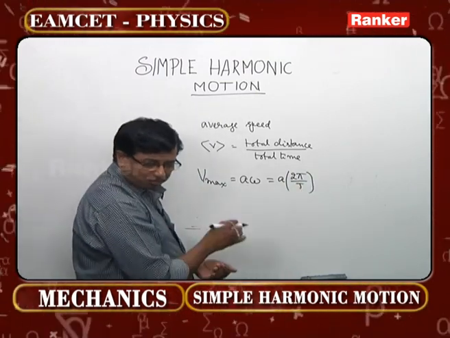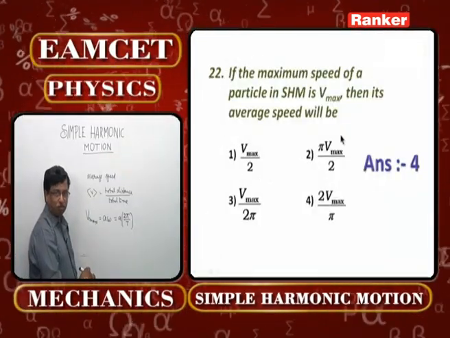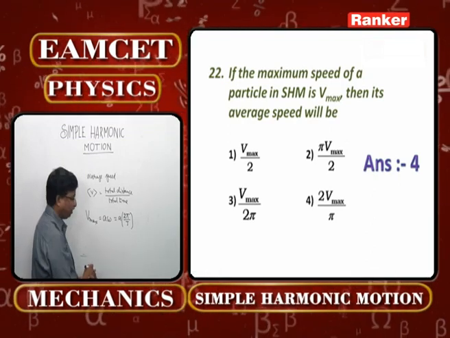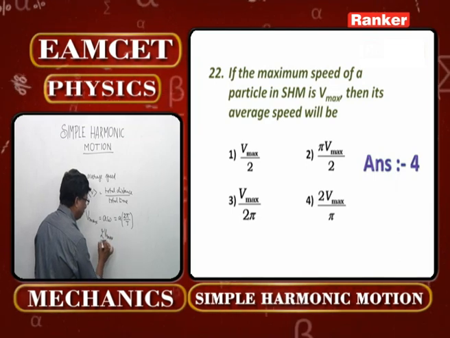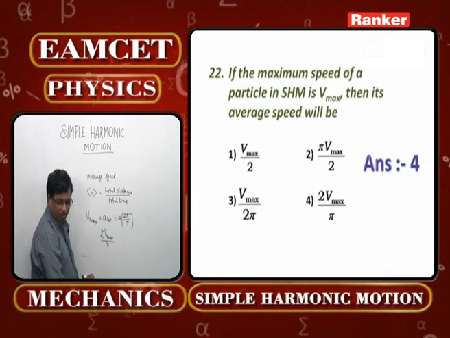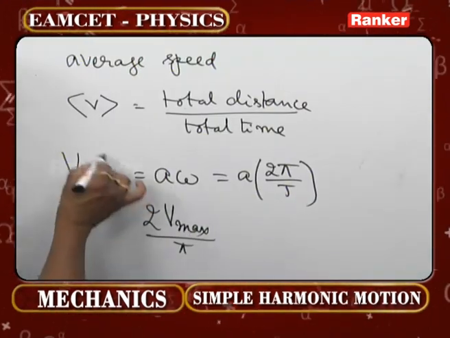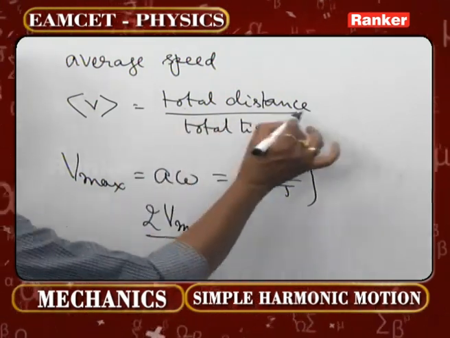Now the maximum speed of a particle in SHM is V maximum, then how much is its average speed? Average speed is in fact twice the value of V maximum by pi. What for, you can understand. If you take V maximum, what is that A by T here?